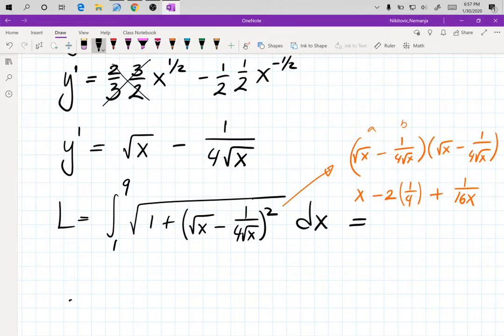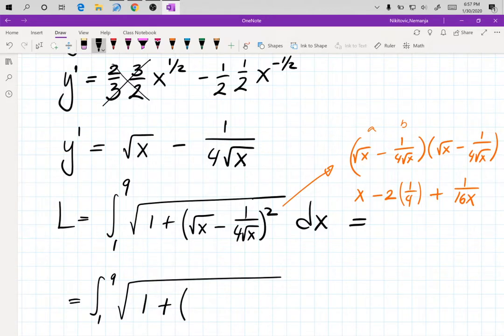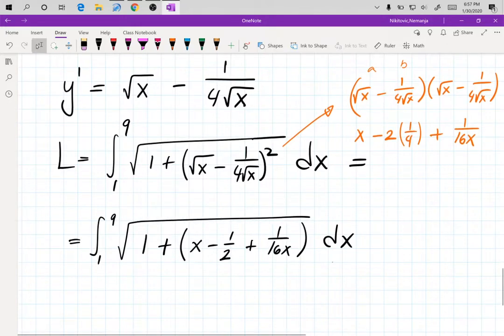So what do I have? I have integral 1 to 9 square root 1 plus, and in parentheses I have x minus 1/2 plus 1 over 16x dx. Do I need these parentheses?